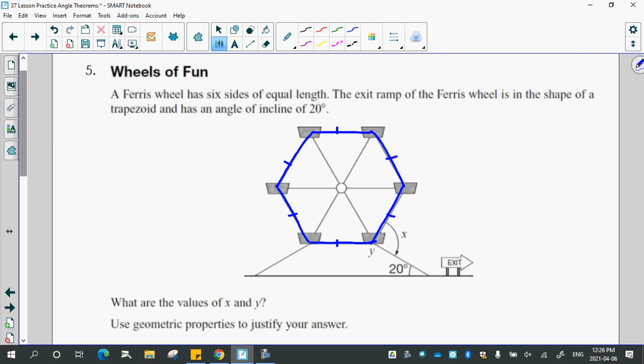And then the exit ramp of the Ferris wheel is in the shape of a trapezoid. The important thing about a trapezoid is that you've got a set of parallel sides there. So that's the definition of a trapezoid. 2 sides are parallel.